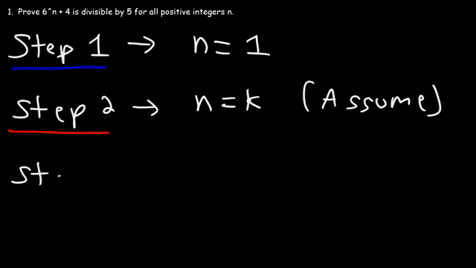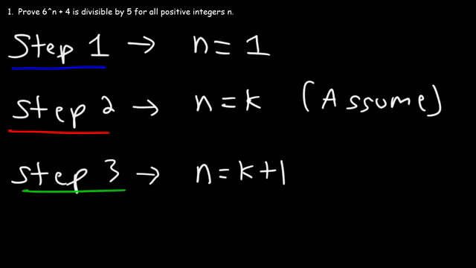Now, the third step is going to be the final step, where we're going to prove that it's divisible by 5. So what we need to do is replace n with k plus 1, and prove that the expression 6 raised to the n plus 4 is divisible by 5.